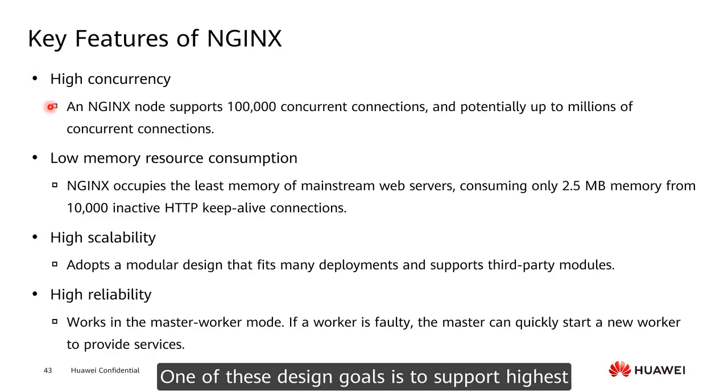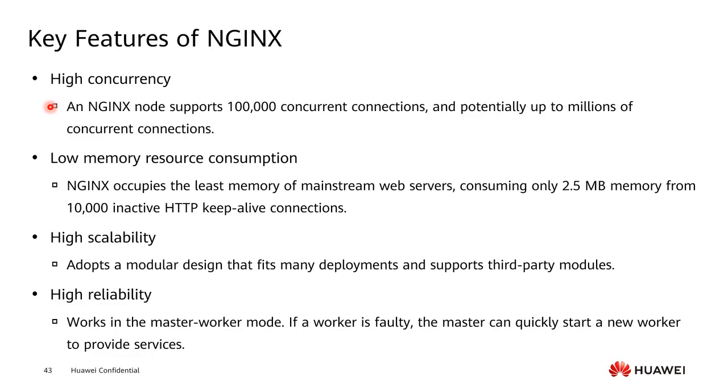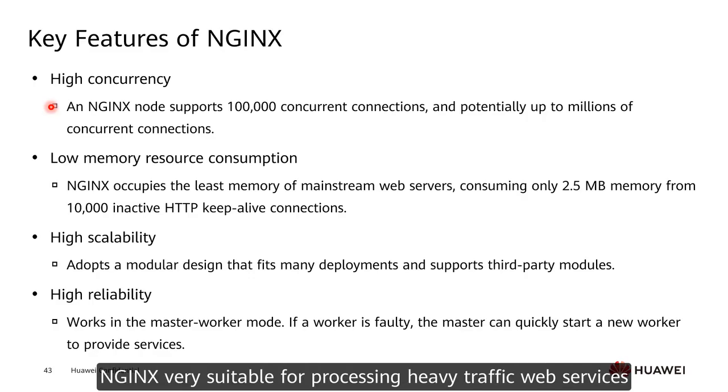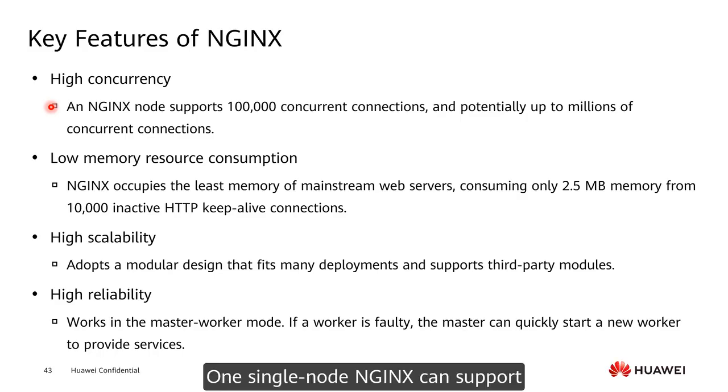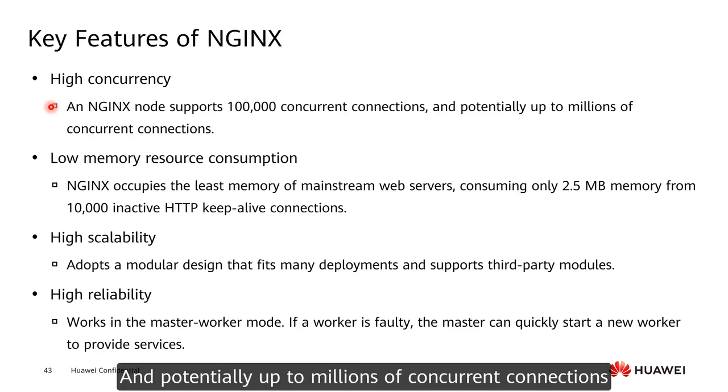One of its design goals is to support the highest concurrent connections on common hardware. These features also make Nginx very suitable for processing heavy traffic web services. A single node Nginx supports 100,000 concurrent connections and potentially up to millions of concurrent connections.